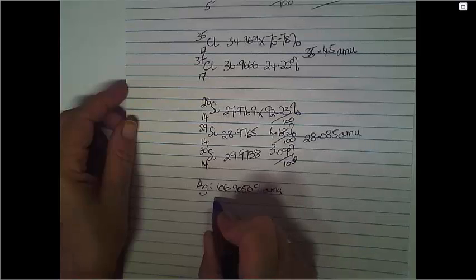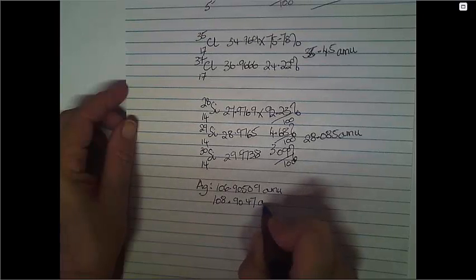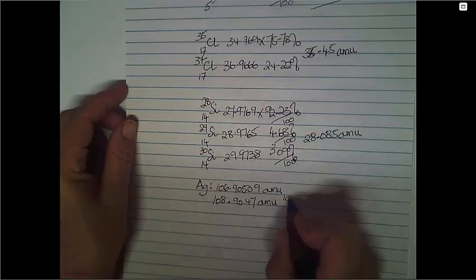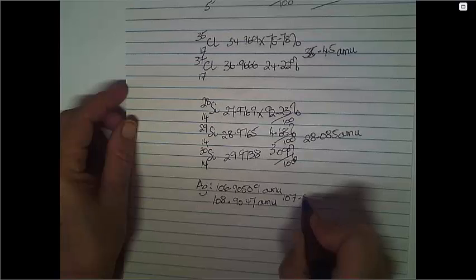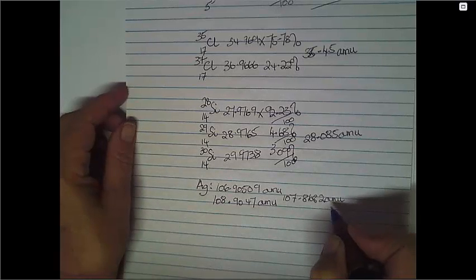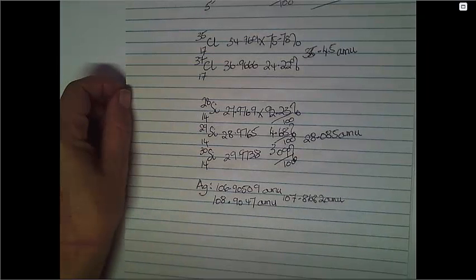The other one has 108.9047 atomic mass units. The value on the periodic table is 107.8682 atomic mass units, and you are asked to determine the percentage abundance of this lighter of the 2 isotopes.